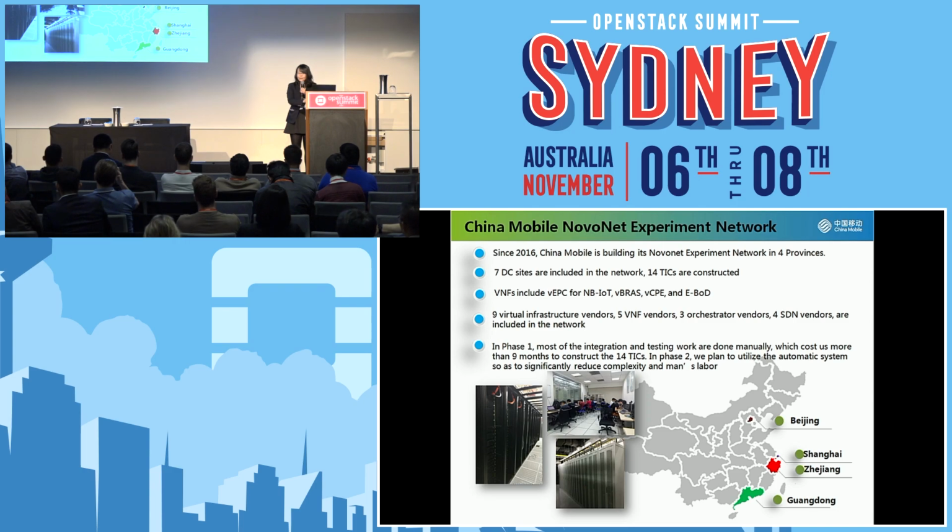so as to reduce the complexity and immense labor. So you may have the question why we have to have so many vendors. But I can give you some explanations. You know that China is a huge country. We have lots of provinces. It could be impossible for one infrastructure vendor to support all these provinces. They do not have enough human resources.